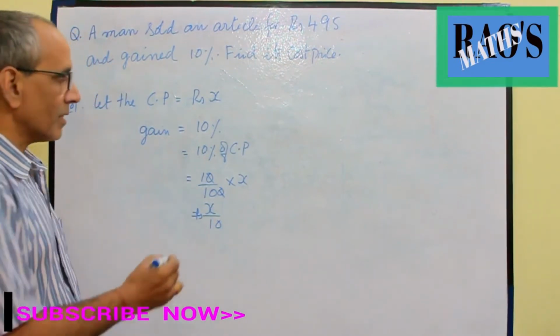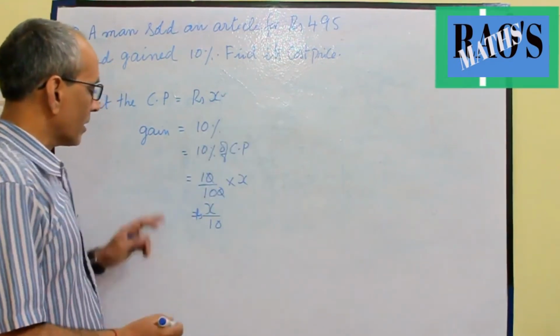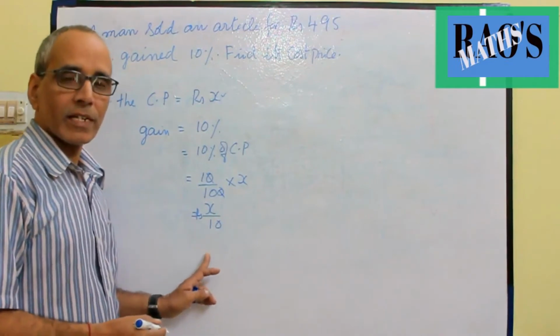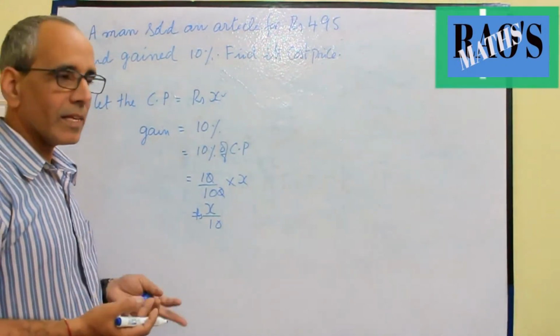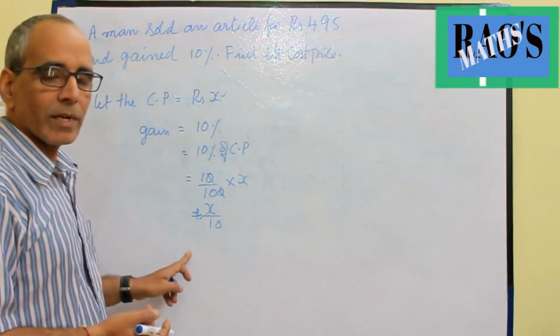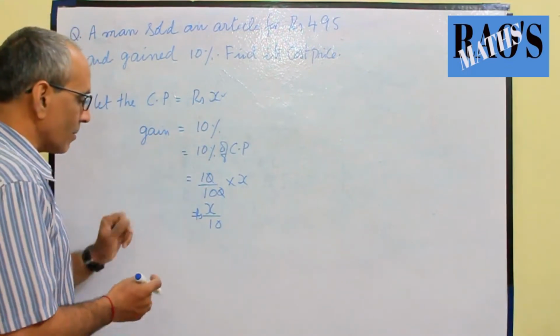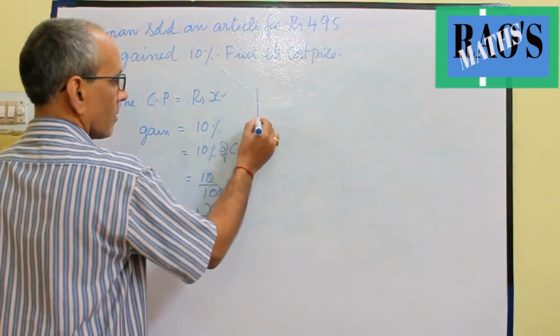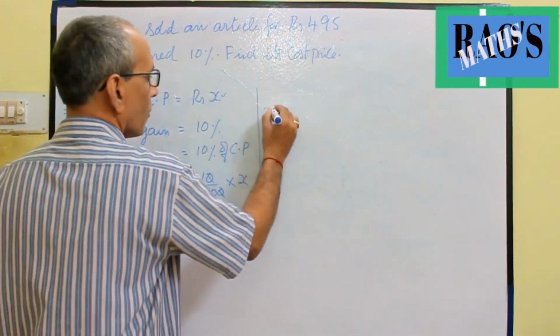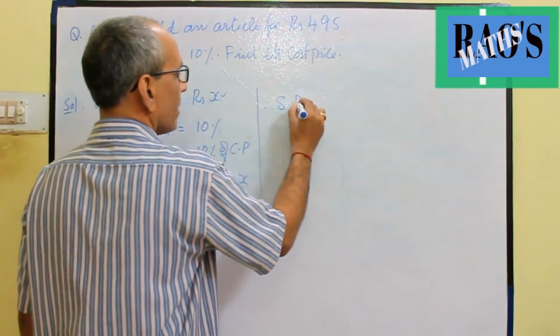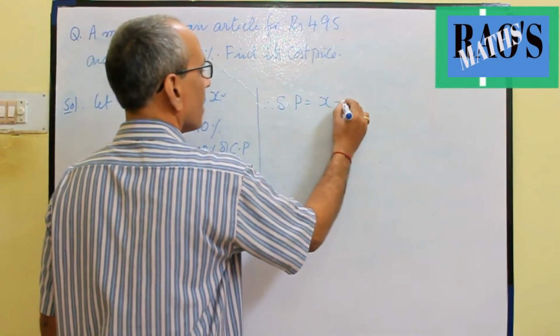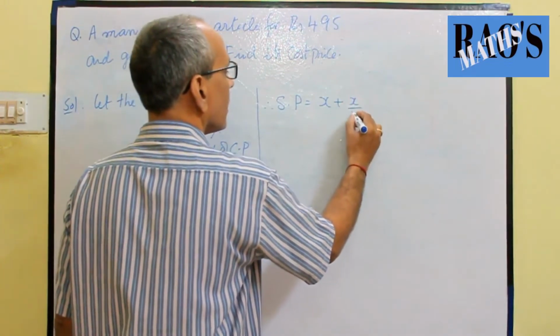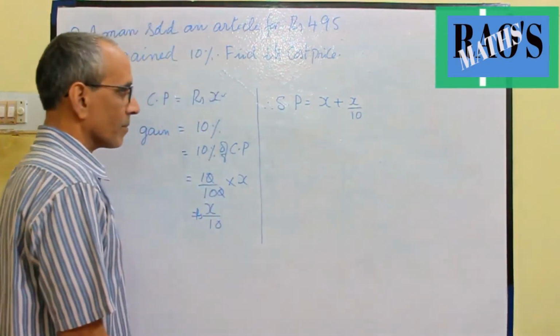What is the cost price? X. What is its gain? X by 10. So what is the selling price? X plus X by 10 is the selling price in terms of X. Therefore, selling price is equal to cost price and the profit made on selling at the rate of 10%.